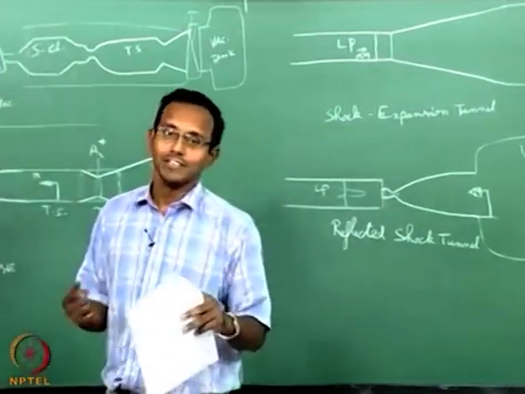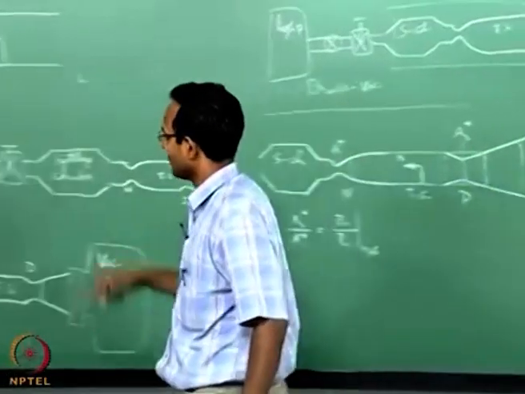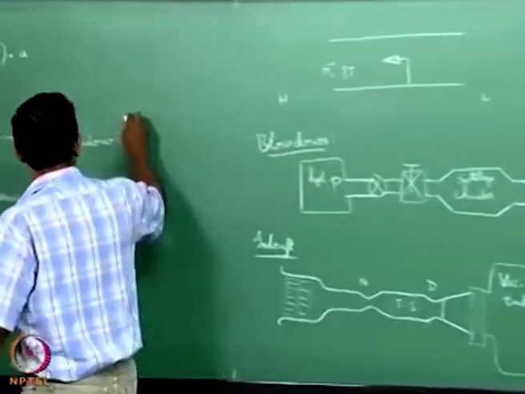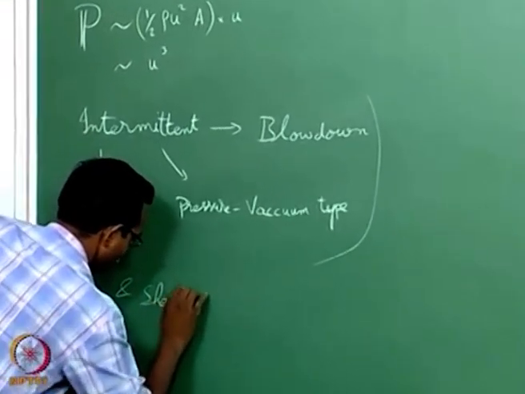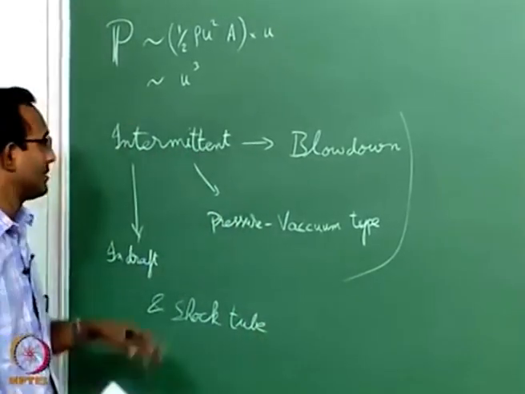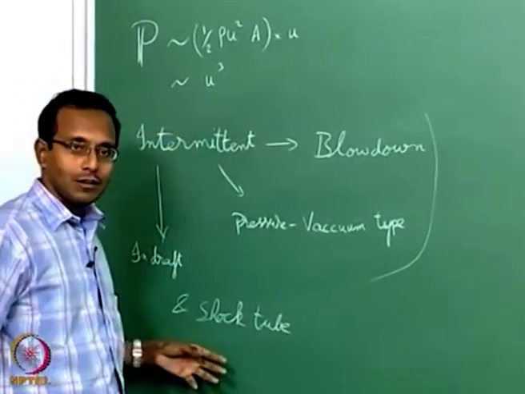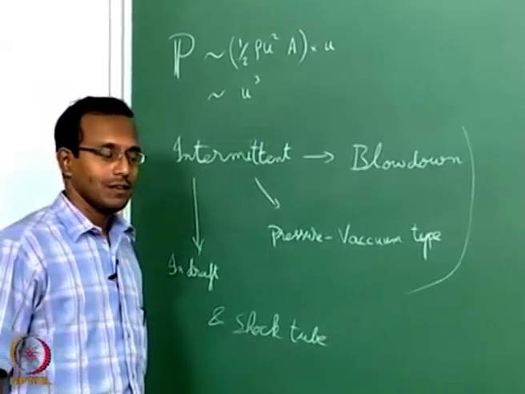The next set of things that we have to discuss are not pressure based. Of course, whatever we discussed here, this and the shock tube based wind tunnels, they are all pressure difference giving energy for the flow. Okay.